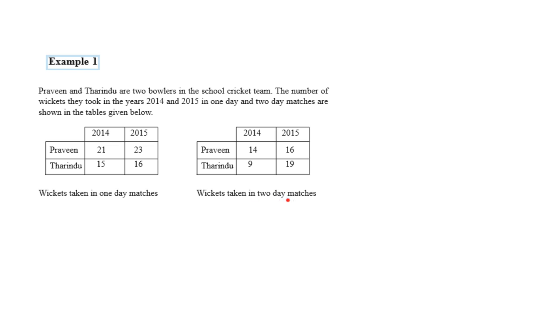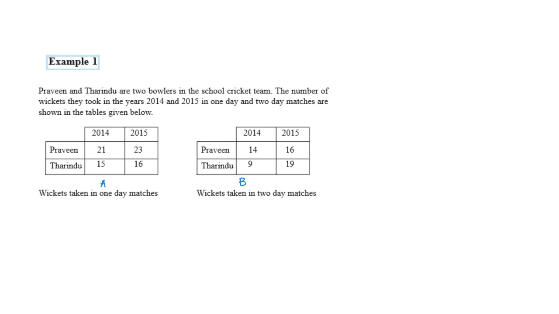And the wickets taken in 2 day matches you have here. So let's take the information on 1 day matches as matrix A and 2 day matches as matrix B.